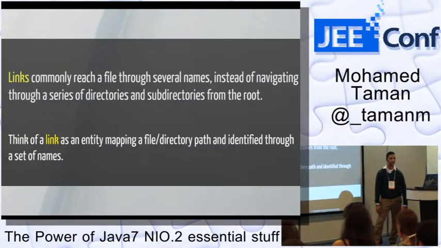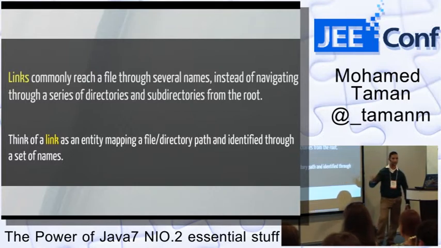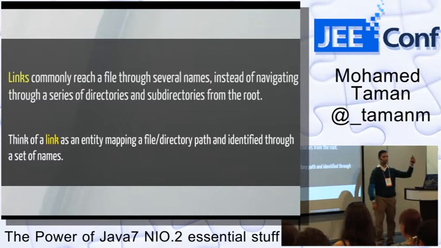Think of the link as a map, different aliases for the same file. It's a normal link. There's a difference between hard and symbolic, and we will get introduced to this. But think of the link normally as just pointing aliases for the same file. You have a map, the names X, Y, Z, all of them pointing to the same file.